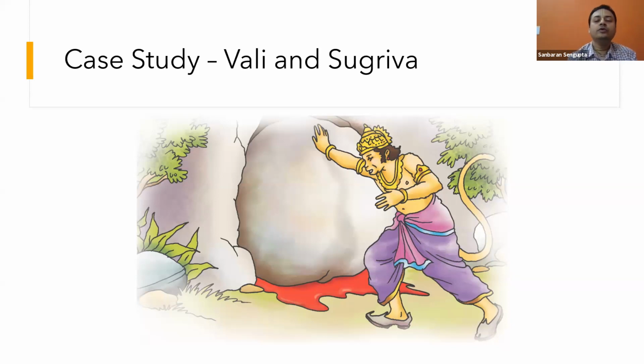So, with deep sorrow and feeling sorry for his brother's death, he covered the mouth of the cave with a huge boulder, a huge stone, so that the demon stays trapped inside it. And with a very sorrowful and sad heart, he came back to Kishkinda and explained what had happened to the ministers of the kingdom.